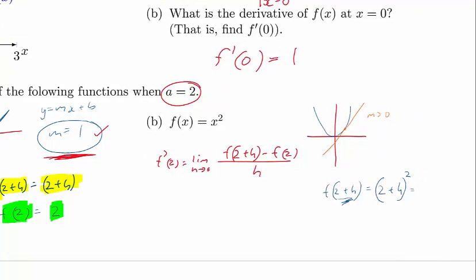And so we're going to have 2 squared, and I know it's 4, but we're just going to keep it as 2 squared for right now, plus 4h plus h squared, right? And if you're having trouble seeing that, this is just 2 plus h squared. What does that mean? That's 2 plus h times 2 plus h.